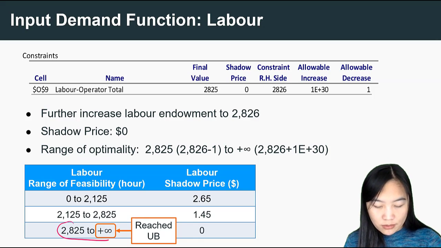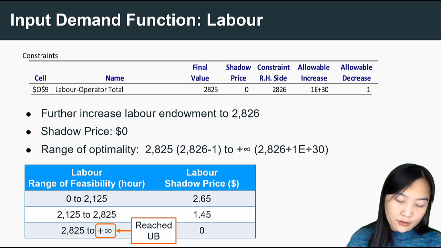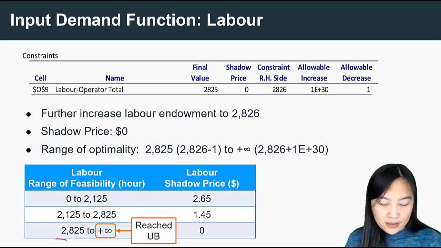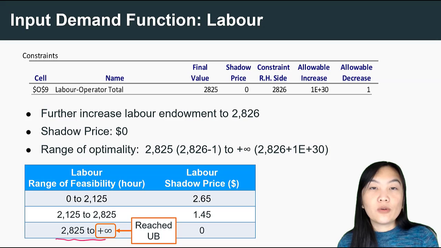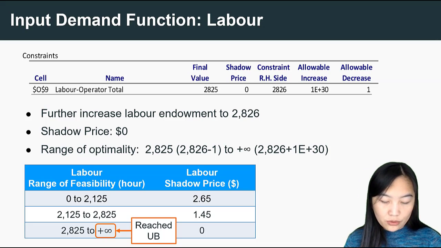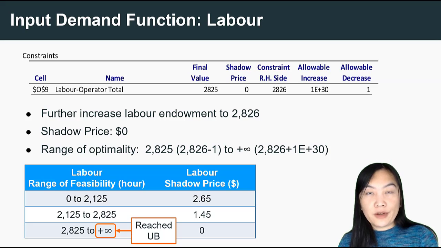Within this range, the producer's shadow price is 0, which also means that the producer is not willing to pay for any labor amount within that range. So here we again were able to gather the information for the relationship between labor, the range of the right-hand side values, and the shadow price of labor.